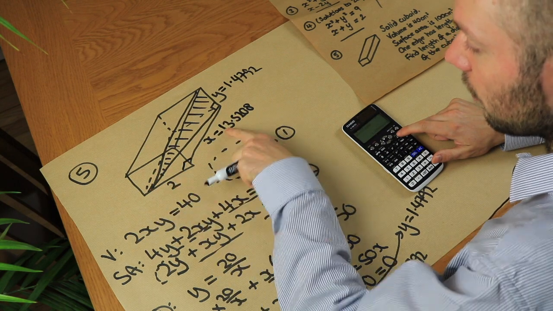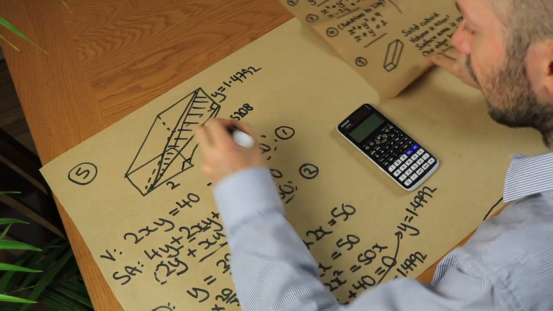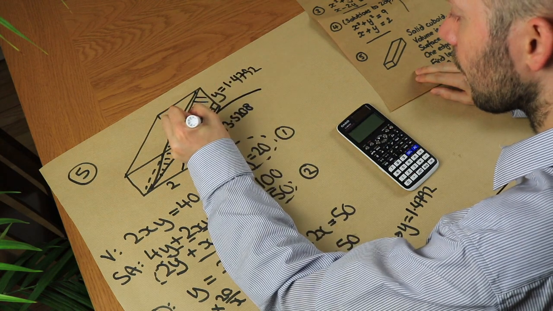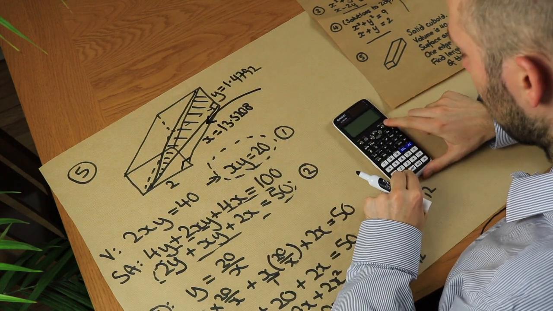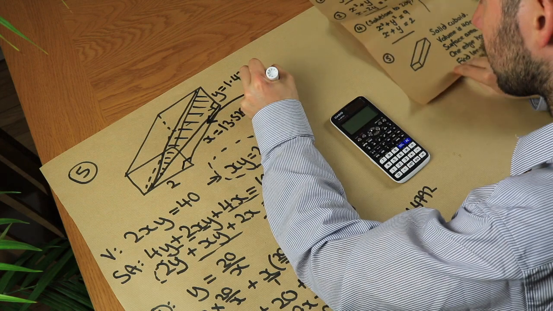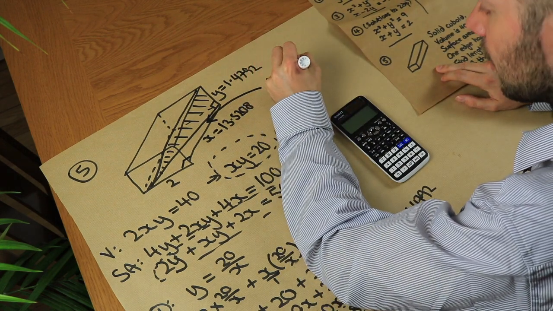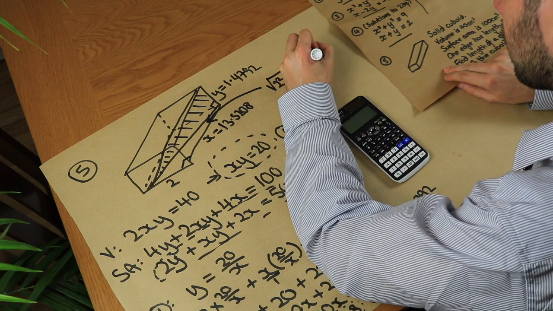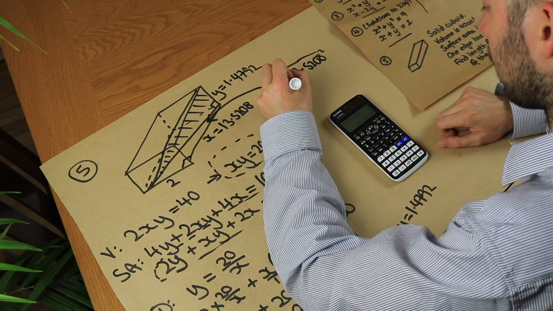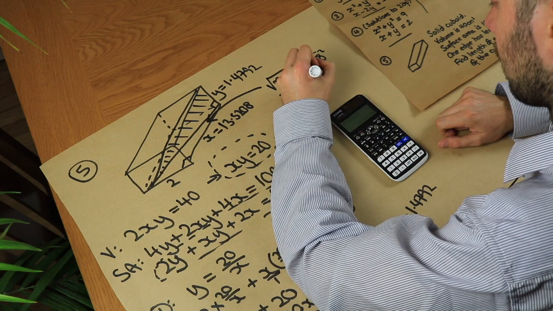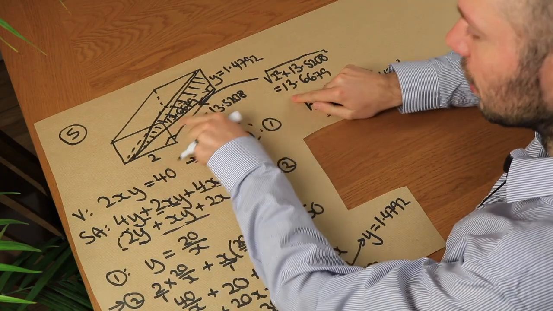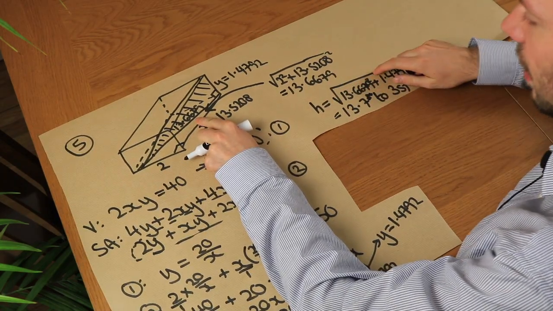Now if we consider this triangle at the bottom here, can you see we've got a right angled triangle there where we've got two of the sides. So we could get this third side here by just using Pythagoras on that. So we're going to do the square root of 2 squared plus 13.5208 squared, which is equal to 13.6679. So we can put this length on the diagram here, the 13.6679.